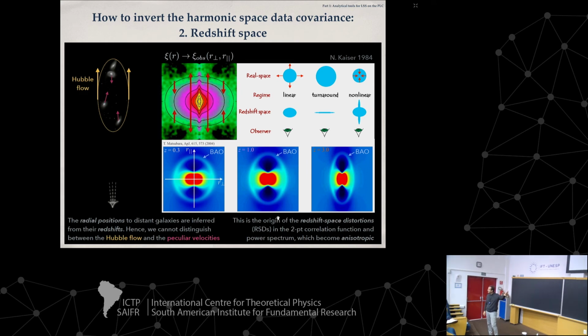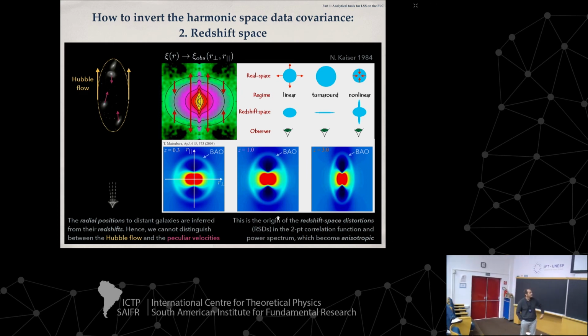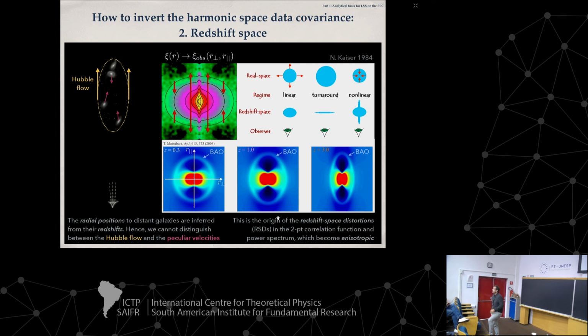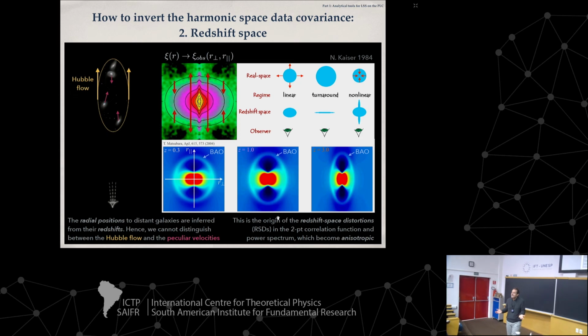In the sense that I'm talking about here, no, this is just the effect of peculiar velocities, and the projection of that. I would say that it's a simpler case. Okay, thank you. I mean, that's my interpretation. I don't know about you guys, if you think so. People call many things Alcock-Paczynski. Sometimes it gets a bit fuzzy.